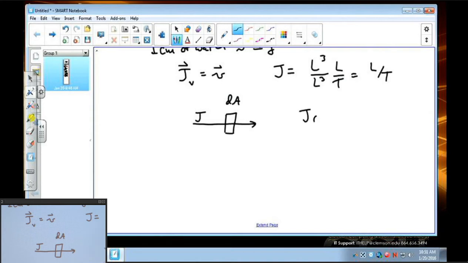Well, it will be just J times the area. Remember, we said J is the rate per area per volume, so we multiply by the area. Now we just get a rate of flow. If it's mass flow, it's a mass per time, right? So let's do a mass flow. Mass flow is a mass per area per time, so this is a mass per time. It's a rate of mass flowing through that little area.